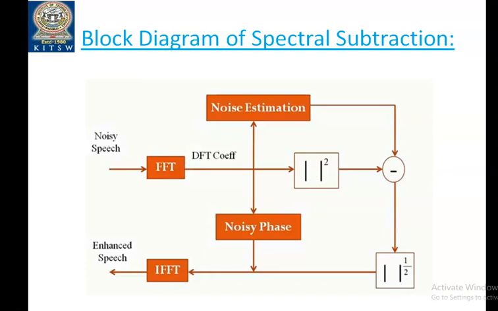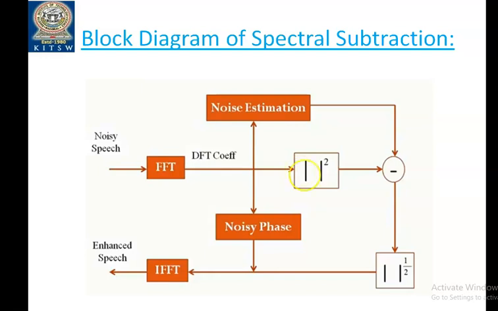That noisy speech is taken as the input to the FFT, and you get the filter coefficients as output. Here the averaging and squaring of the spectrum is taken, and this is the noise estimation. The noise estimation is taken directly from here, and we subtract it from the noisy speech signal in the spectral domain.